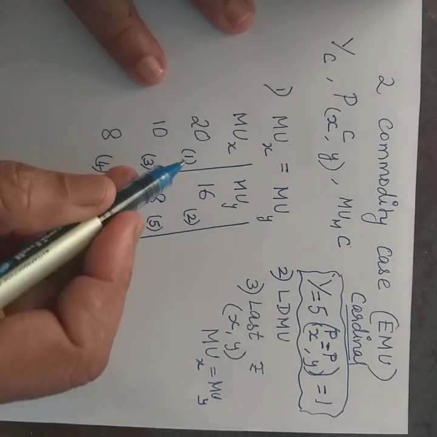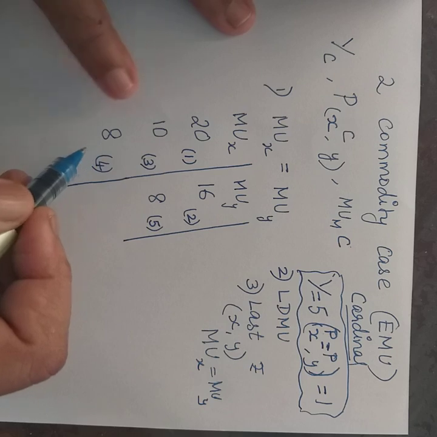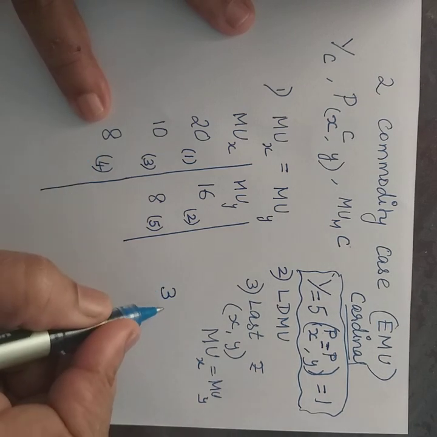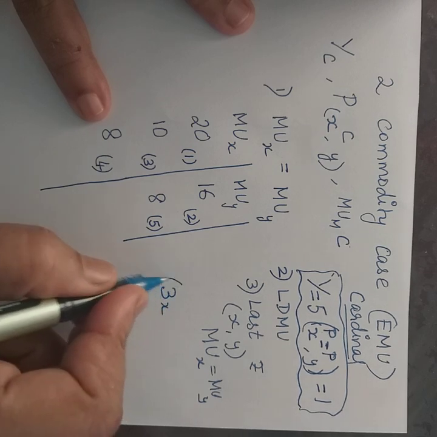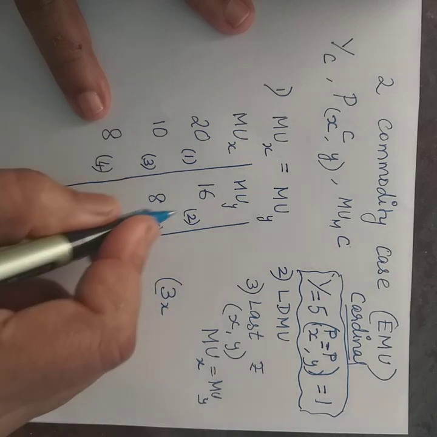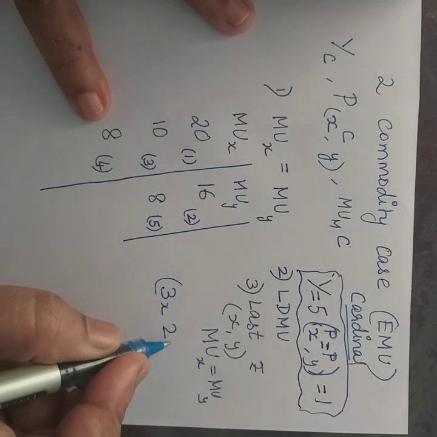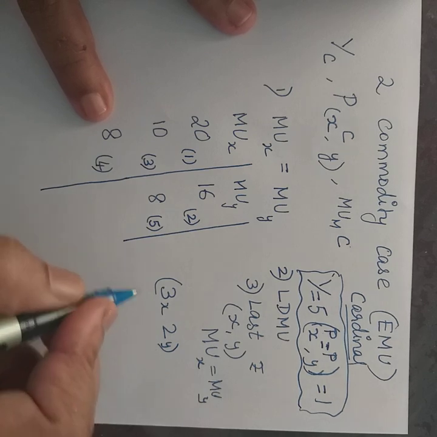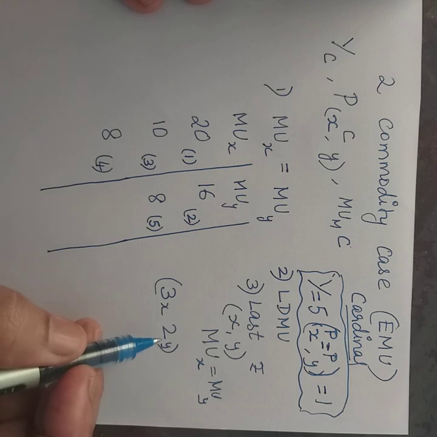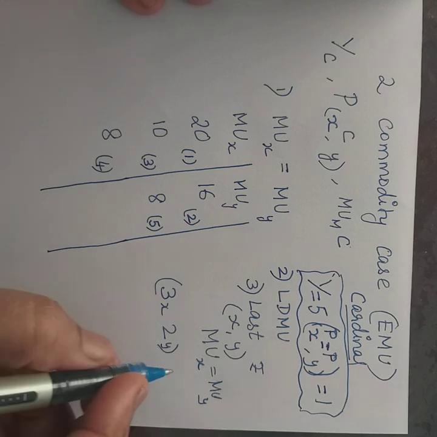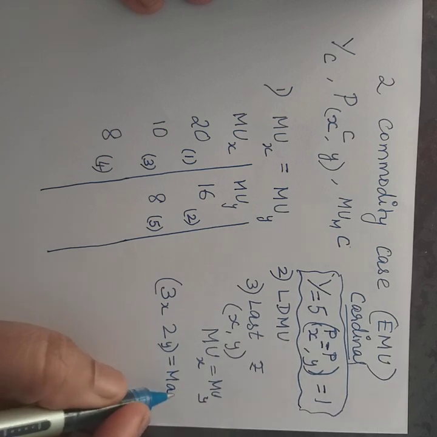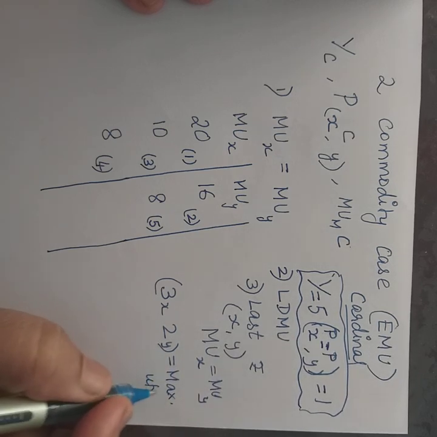Right? So 1, 2, 3, this is the last rupee spent here. So the consumer is buying 3 units of X, and 1, 2, that is the second rupee spent on Y. So the consumer is buying 2 units of commodity Y. So this bundle 3X and 2Y is supposed to give the consumer maximum satisfaction or maximum utility.